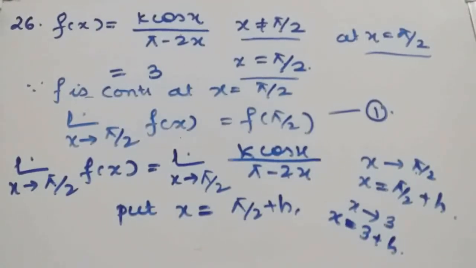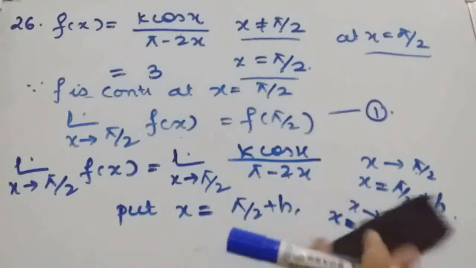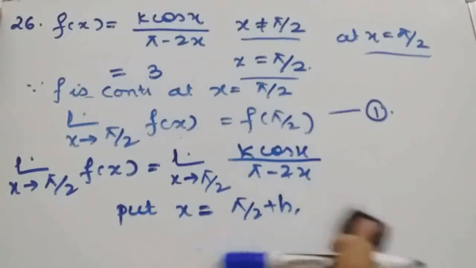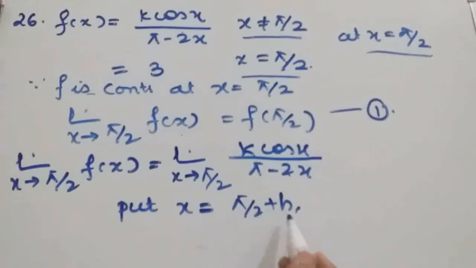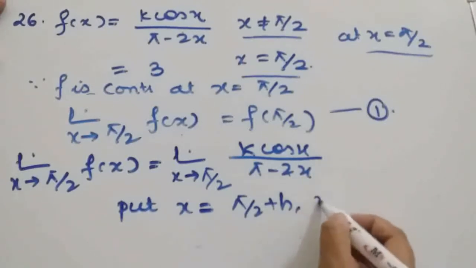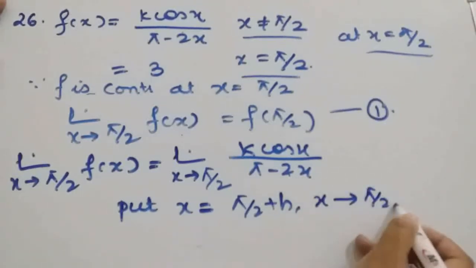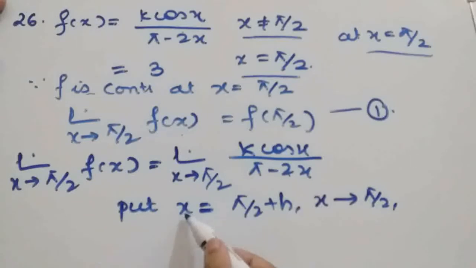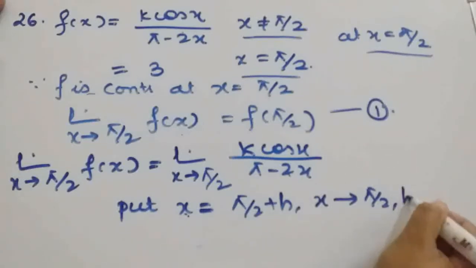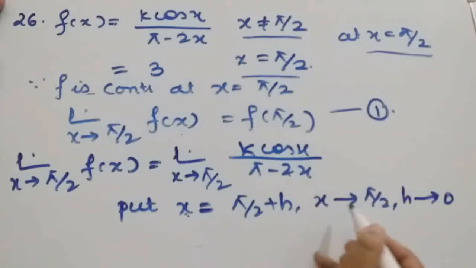So x equal to pi by 2 plus h is the substitution. Now x tends to pi by 2. If x tends to pi by 2, in this substitution, if the x value becomes pi by 2, the h value becomes 0. That means h approaches 0. When x approaches pi by 2, pi by 2 minus pi by 2 will be 0.